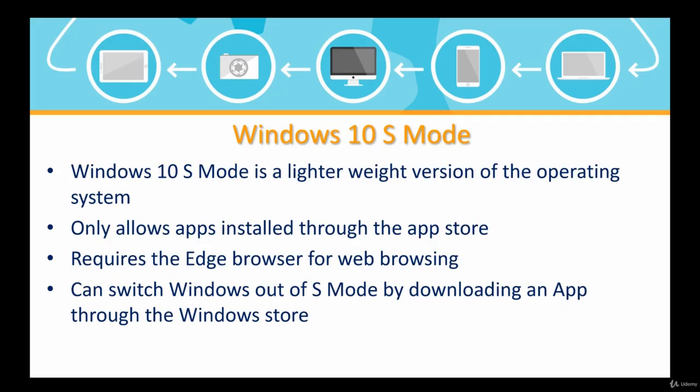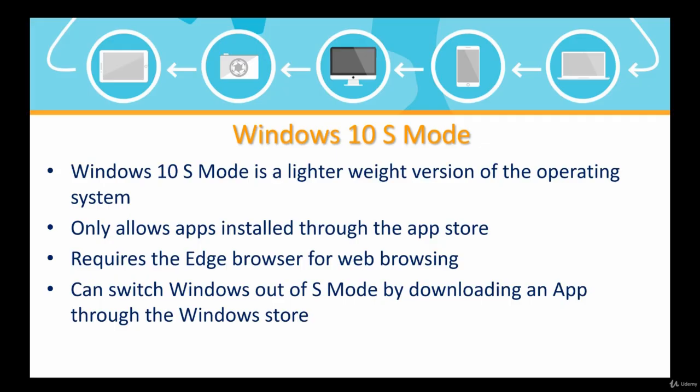A lot of your smartphones, like an Apple smartphone, for example, will only let you install apps through the App Store, and so it's kind of like that. Android's a little bit looser on that end than Apple, but same kind of concept. Well, Microsoft released Windows 10 S Mode to do that same restriction, which is to control what apps get installed, and it makes it where you can only install apps through the App Store. You also have to use the Edge web browser.